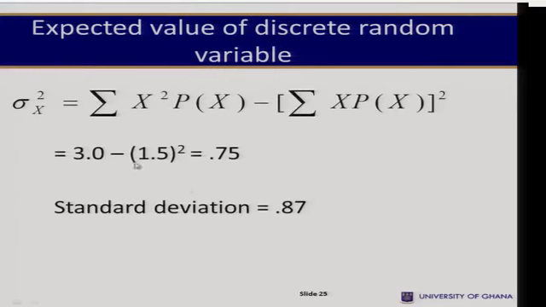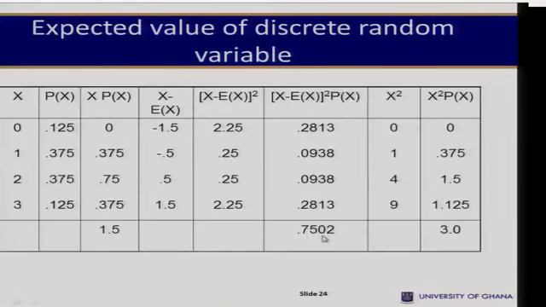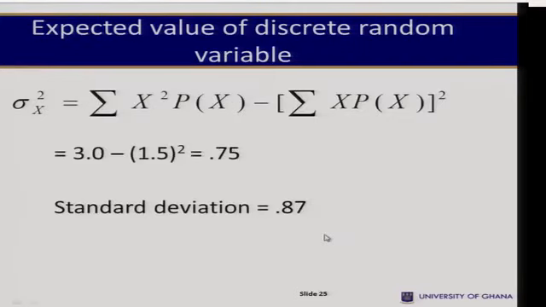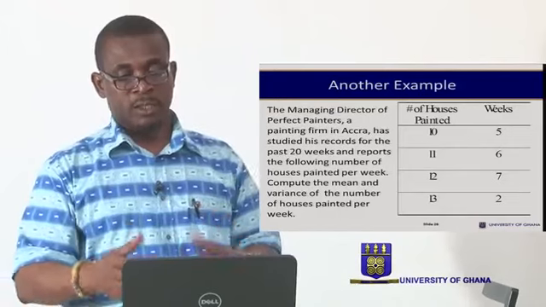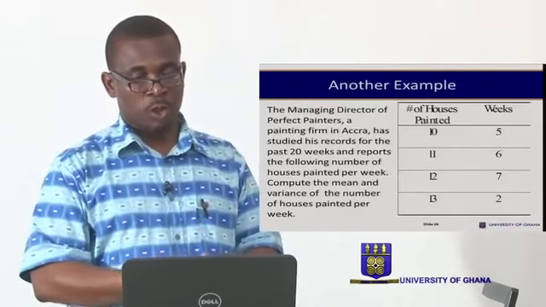And then once we have summation x squared p(x), we subtract from it summation x p(x) squared. So it is 3 minus the expected value squared, which is 0.75, which is the same as 0.75 here, right? So either way, you get the same answer. And then when you take the standard deviation, it is equal to the square root of 0.75, and it is 0.87.